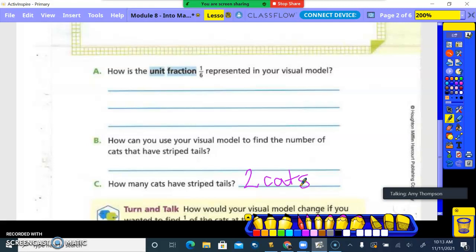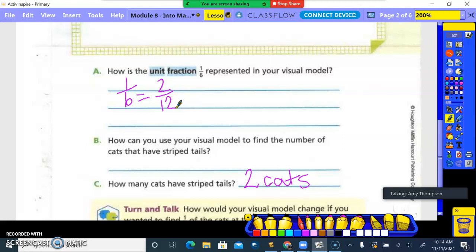So we know that basically 1/6 is also equivalent to, what did we say? 2/12. So then that's how we knew to color in 2 of them, and then we used the 1 of the 6. How can you use your visual model to find the number of cats that have striped tails?